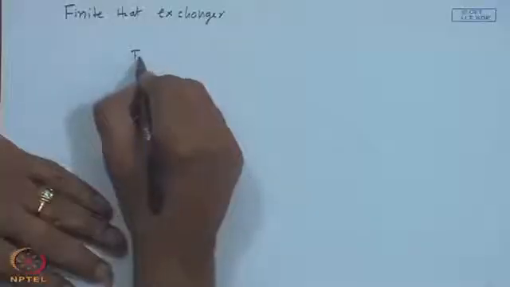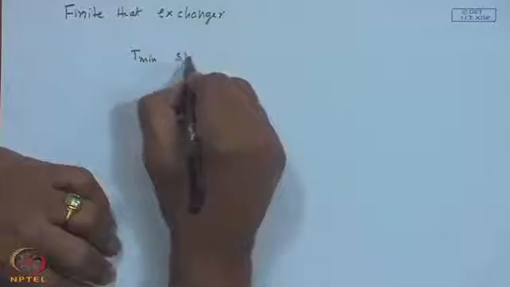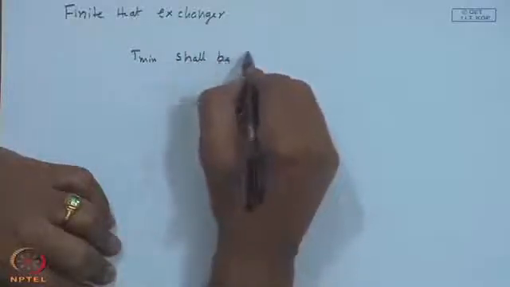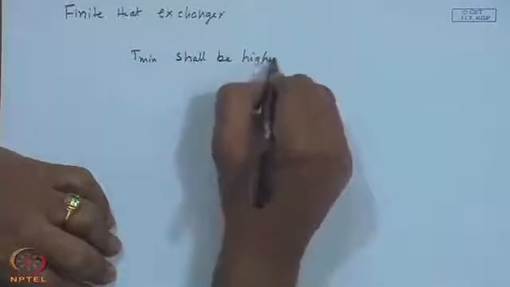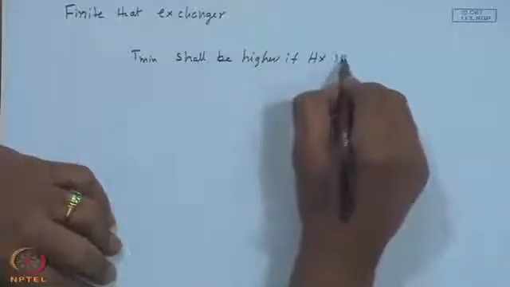Now, if you have a heat exchanger, from the tank it goes to the heat exchanger to meet the load. So, if you think about the backflow, the T minimum, the temperature at which the energy is to be delivered by the collector, shall become higher if a heat exchanger is present.